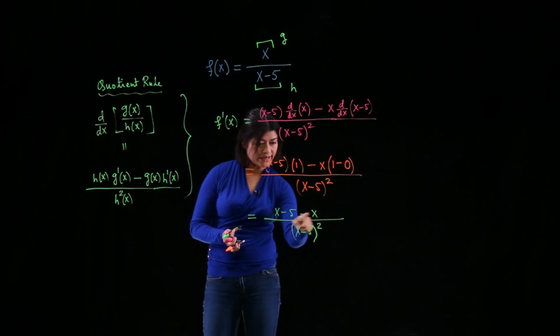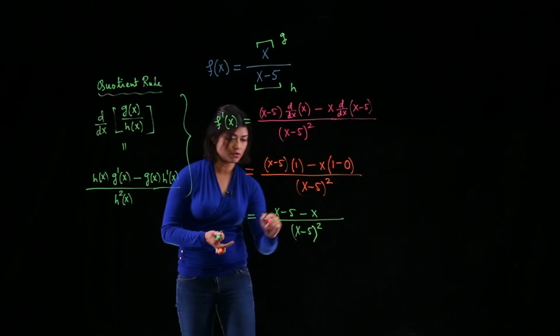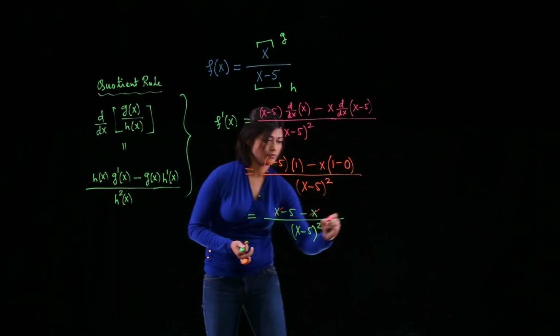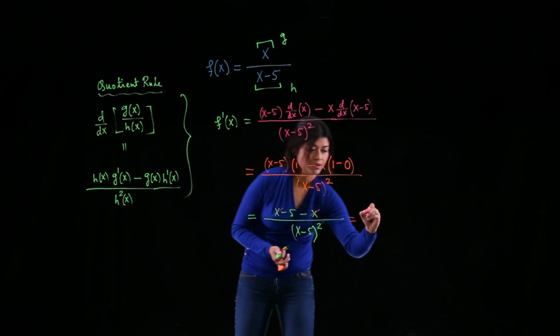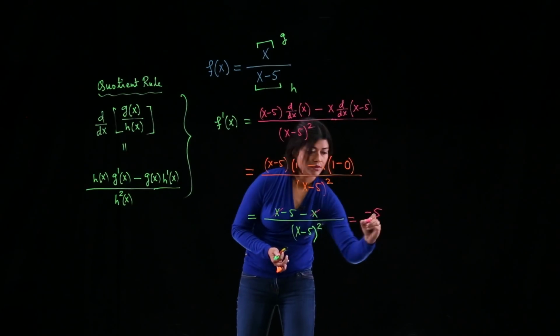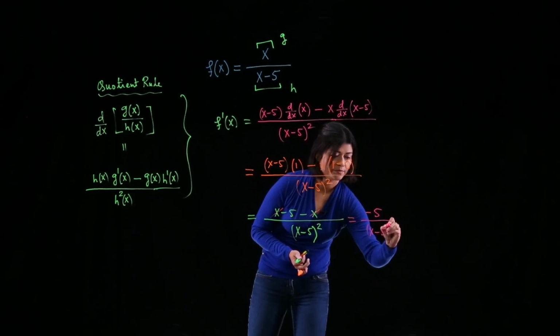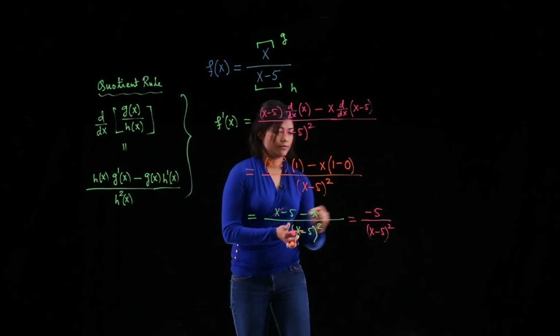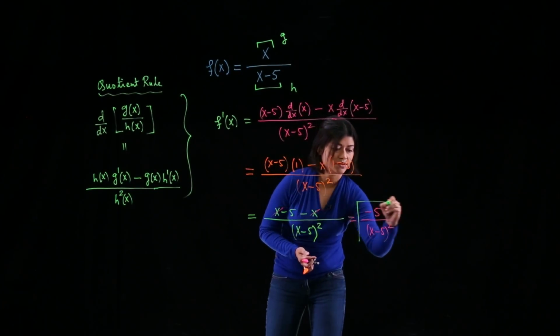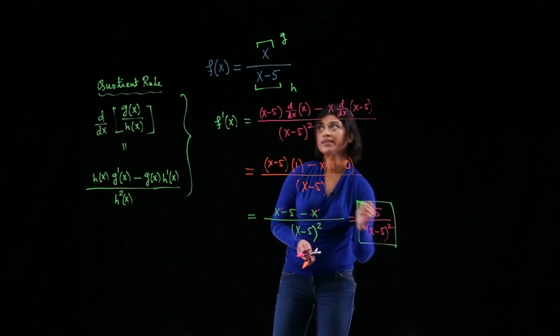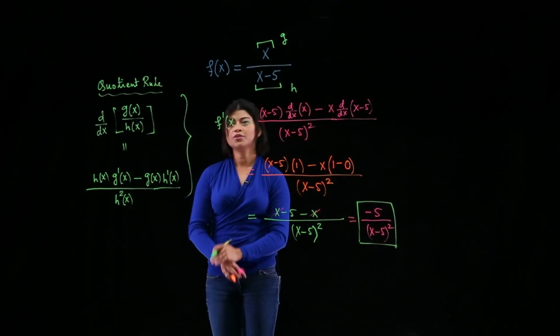Well, if you notice, x and negative x will cancel, and you will have negative 5 divided by x minus 5 square. So this is the derivative of the given function f using quotient rule.